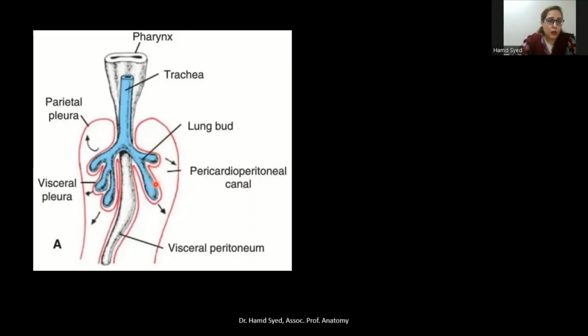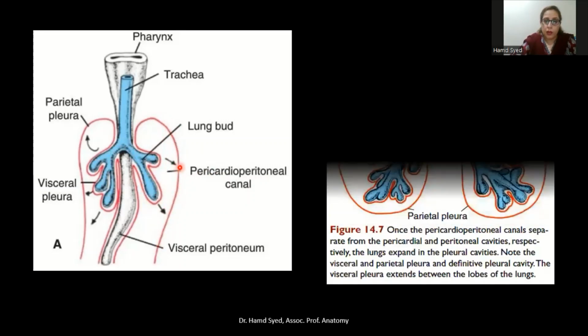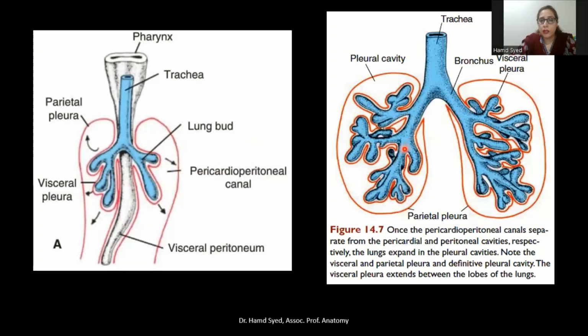Here is the layer of visceral pleura, which is lining the lung parenchyma, and here is the external parietal pleura. And in this diagram over here, we can see that the visceral pleura is lining the lobes of the lungs, and here we have the parietal pleura, and between them, this here is the pleural cavity.